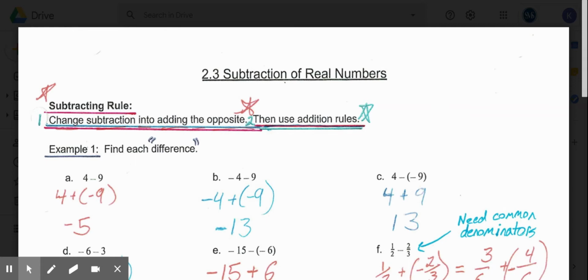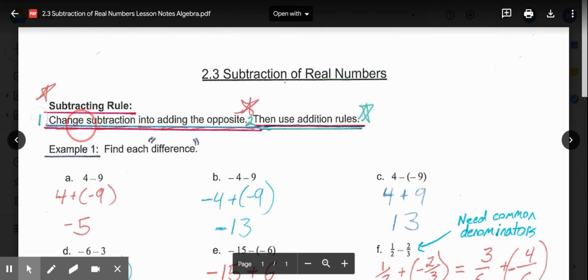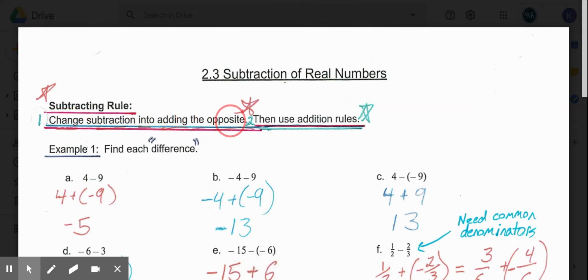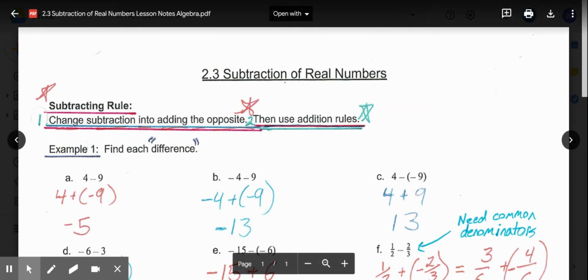Cha-cha stands for change subtraction to addition and change the second number's sign. Or you can just think of it as change subtraction into adding the opposite. So minus 9 is adding negative 9.